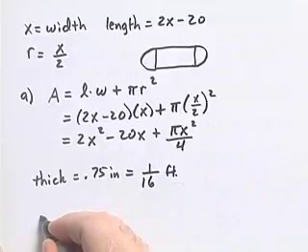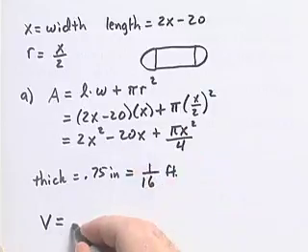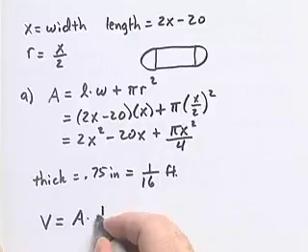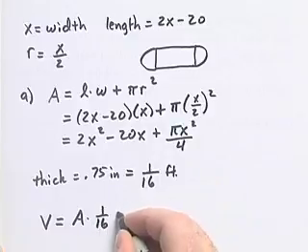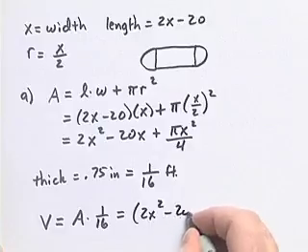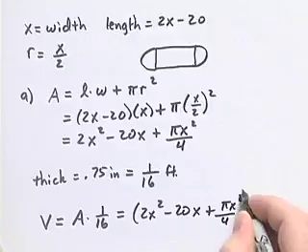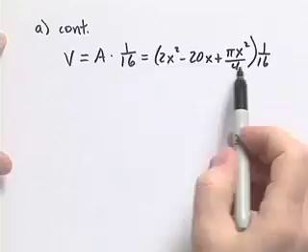To get the volume, we just need to multiply the area by the thickness. So the area times 1/16: 2x squared minus 20x plus pi x squared over 4, all of that times 1/16. Now that we've written an expression for our volume, we want to write it in function notation since the problem asks us to write a function. Here's our expression.